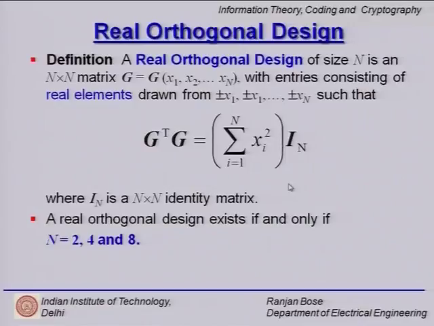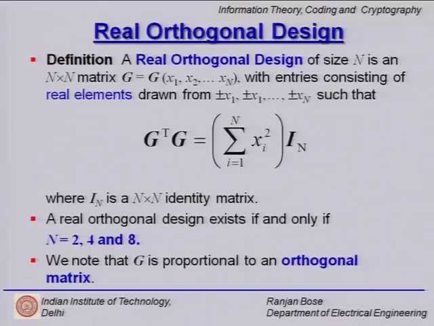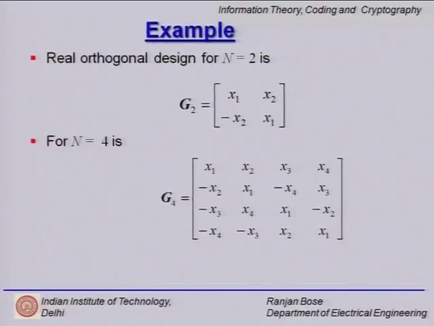And we have also seen that real orthogonal designs exist for a limited number of cases, namely for n equal to 2, 4 and 8. And we also note that G is proportional to an orthogonal matrix.